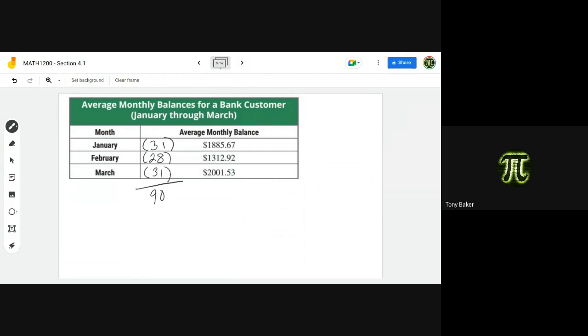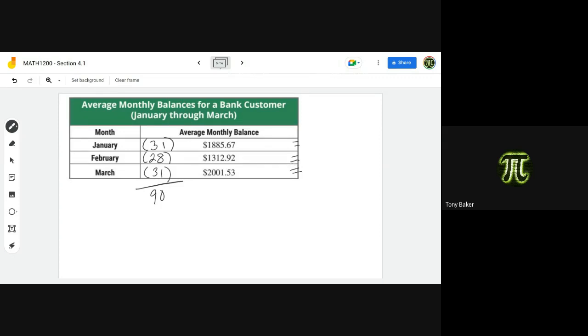The total number that you have. So in this case, I have 90 days. So now I have to multiply.